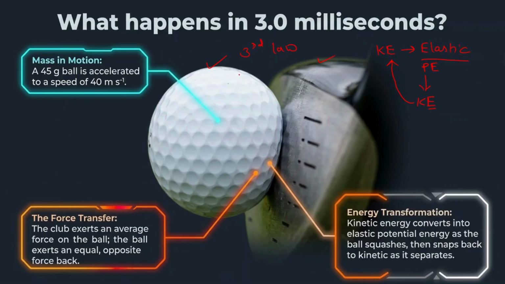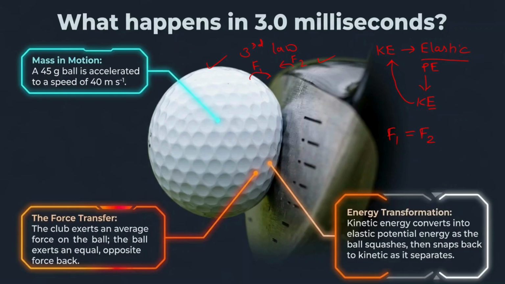The ball exerts some kind of force, let's suppose F1, and at the same moment the club is also exerting some force on this ball, let's suppose F2. By Newton's third law, the magnitudes of these two forces must be the same, and the directions are opposite to each other.